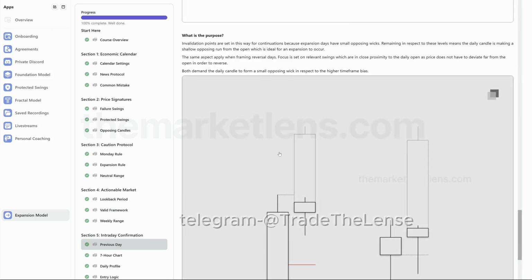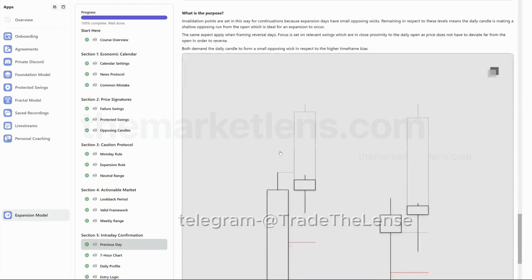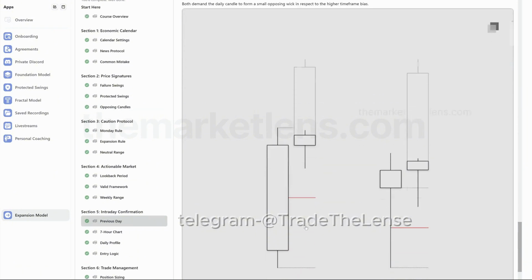And the purpose of this is mainly because of that small wick rule. We're trying to be interested in expansion days. If the market reaches through that point, that means it's creating a large wick. If it's trading beyond that, it's making a large deviation from the opening price, whether it's an expansion candle as a previous, reaching down, or it's a reversal, it's reaching deep into that signature.